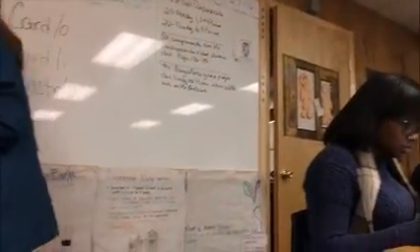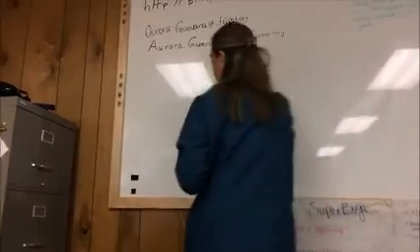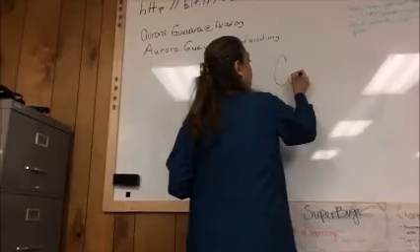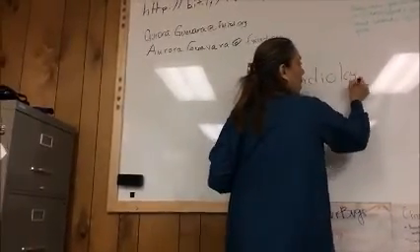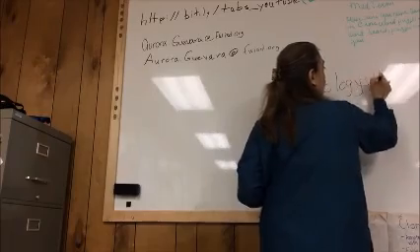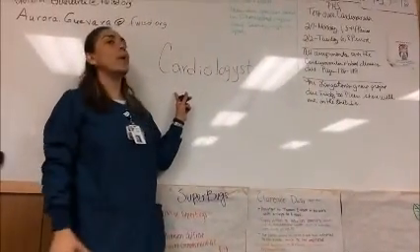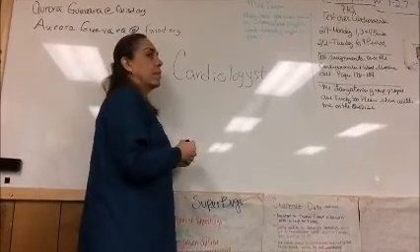Then I'll give you another example. Let me show you. If I give you the word cardiologist, and guys, I don't normally write print, I usually write cursive. So what would be our root word here? Card. Cardi. No, card.